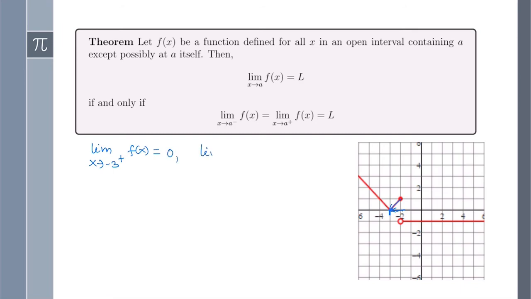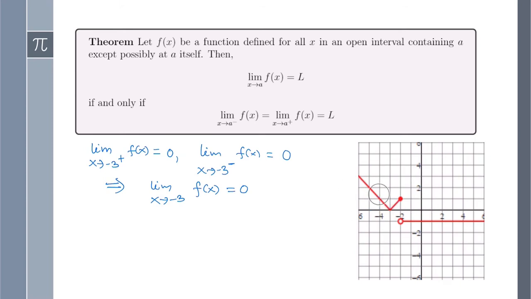Now if I say the limit as x approaches -3 from the left side of f of x, again the function is approaching that y value, which is 0. So in this case, the left hand limit is the same as the right hand limit, and the function approaches the same value, 0. That means the limit as x approaches -3 of f of x equals 0, because the left hand limit is the same as the right hand limit.